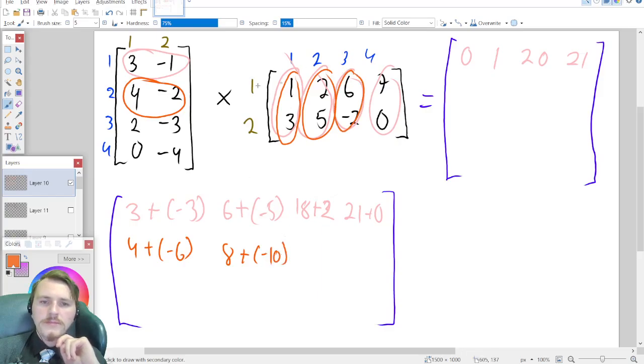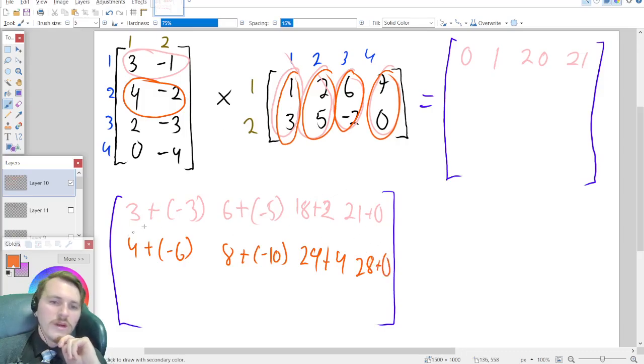Third column, 4 times 6 is 24 plus -2 times -2 is 4, plus, very redundant stuff here, 28 plus 0. What are our final numbers? -2, -2, 28, 28.